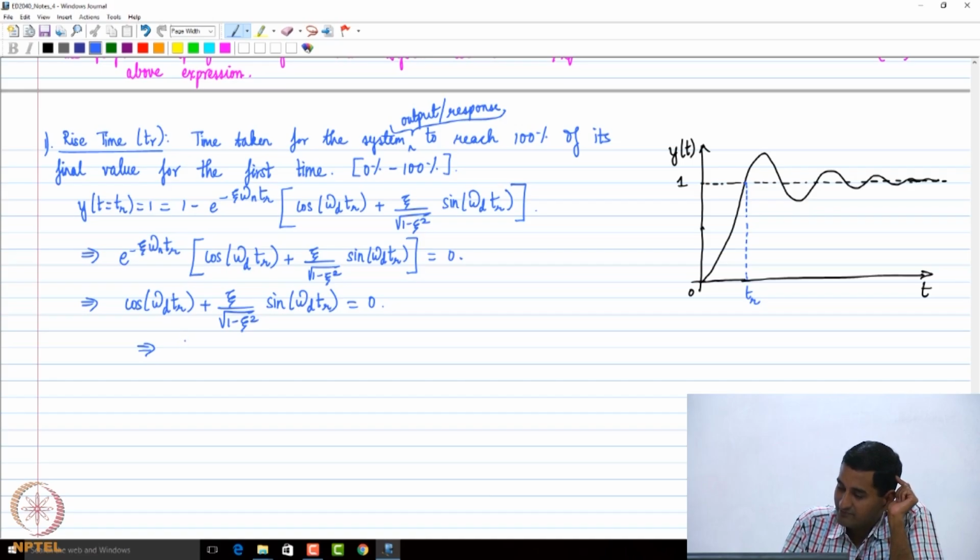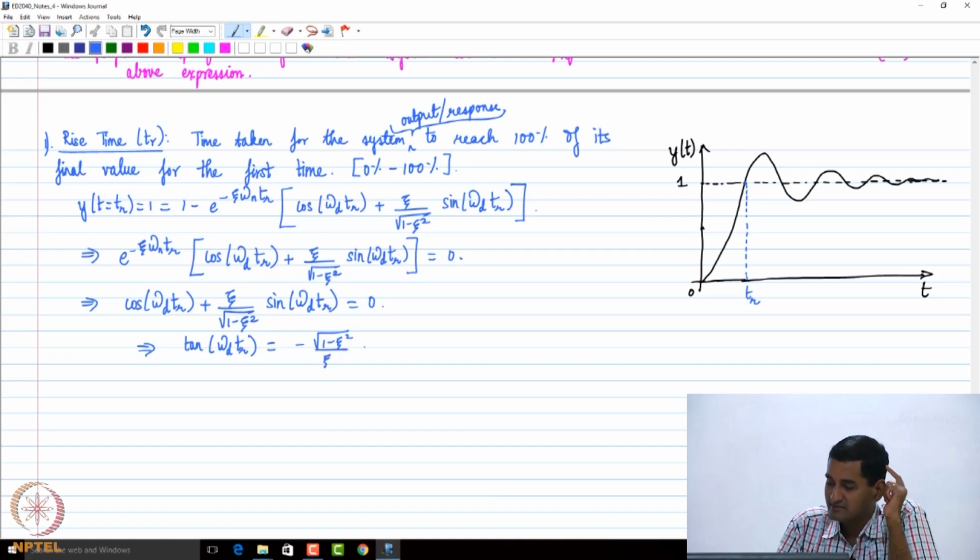We have tan omega d tr is going to be equal to what? Minus square root of 1 minus zeta squared by zeta. Am I correct? I just took terms to the other side and then cross multiplied. Sin by cos is tan, right? So am I correct in this?